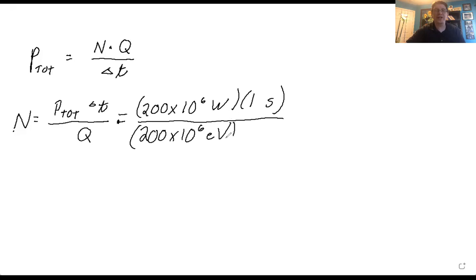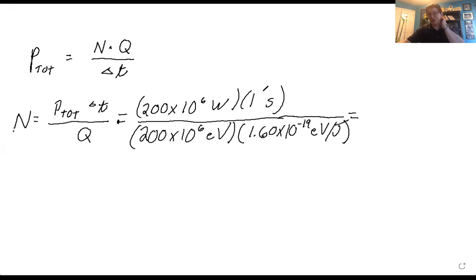But then you're converting to joules, so you multiply by 1.60 times 10 to the negative 19 joules per electron volt.